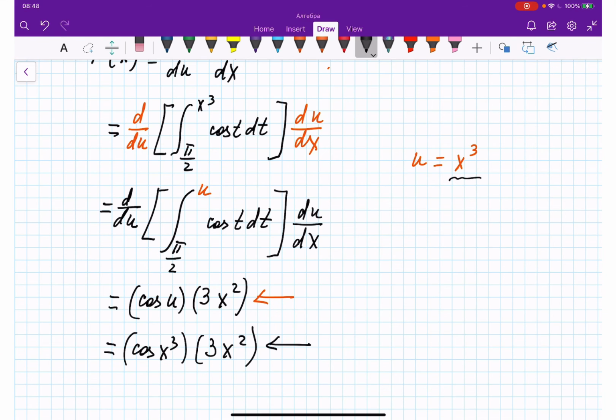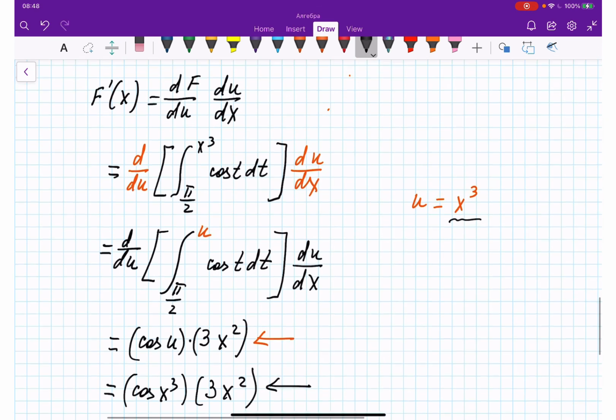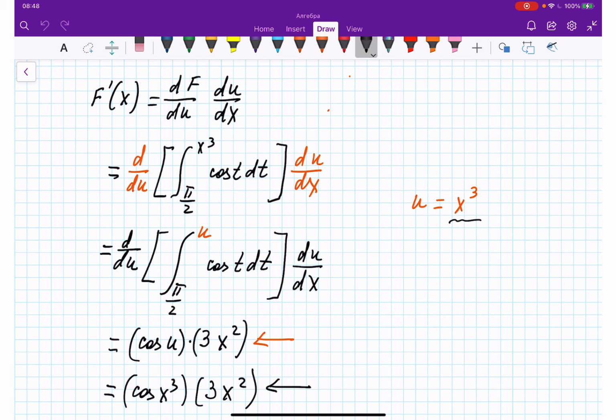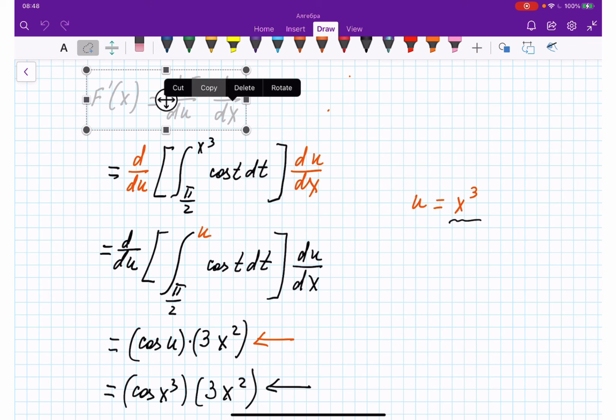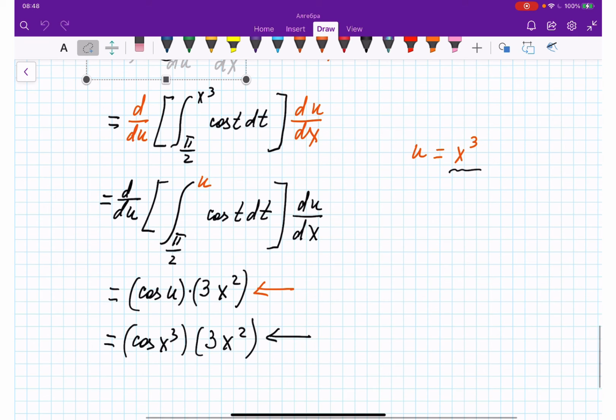integral. Just in case if anybody is wondering why with cosine u we multiply by 3x squared, we can come back here and let me copy this part and bring it here.